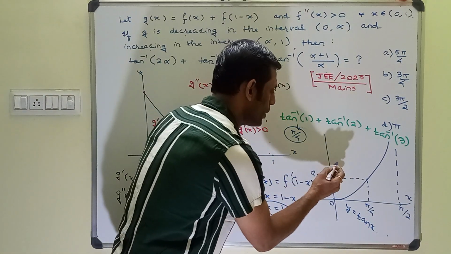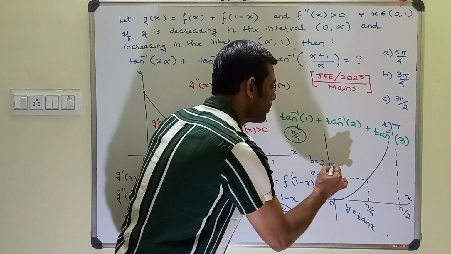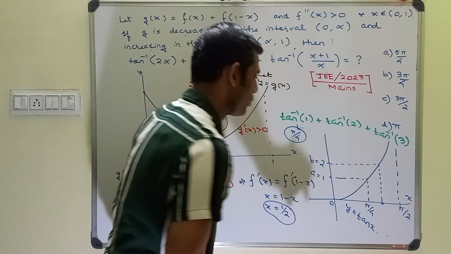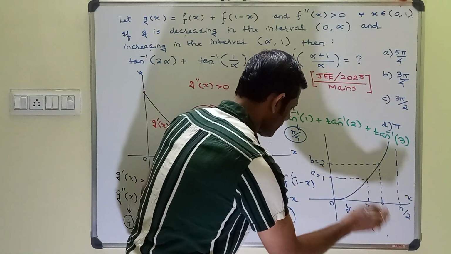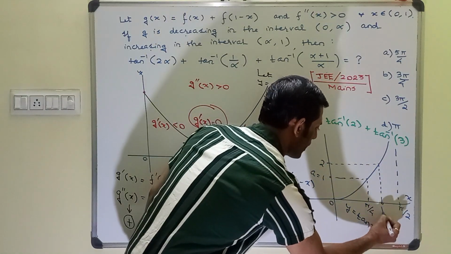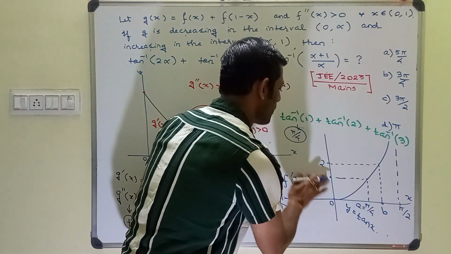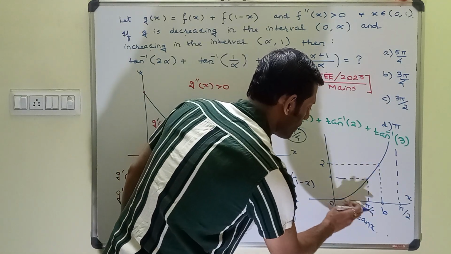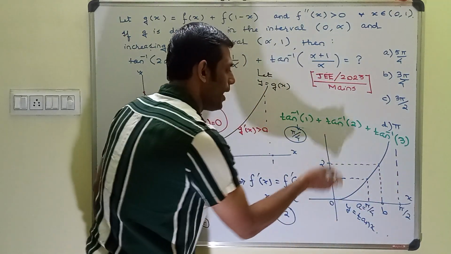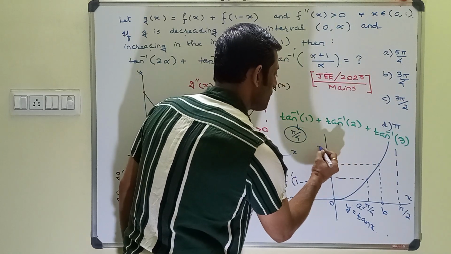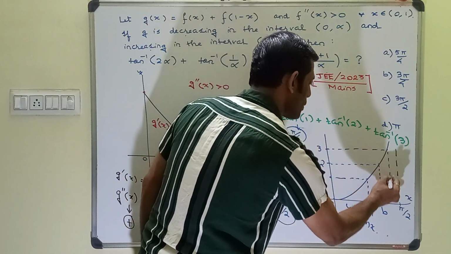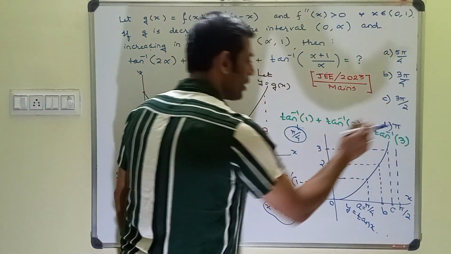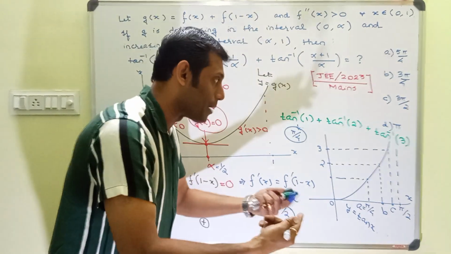Tan inverse of 2, let's say B equal to 2. At B equal to 2, I am going to have some position here, an angle of B, where A is equal to pi by 4. If A is equal to pi by 4, B is greater than A, and then tan inverse of 3 is, let's say, some C. And that means this position is going to be somewhere at C. Then this B and this C, both of them are greater than pi by 4.